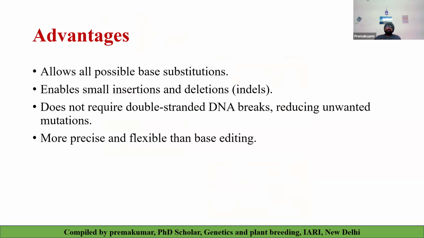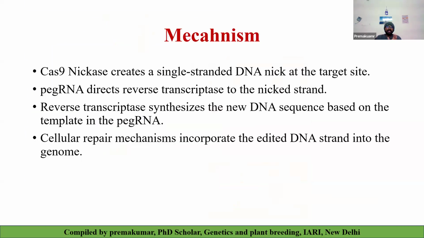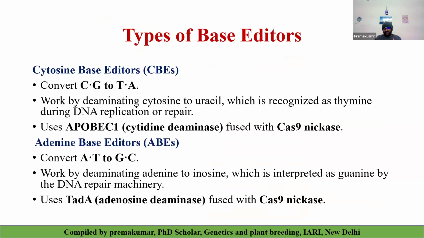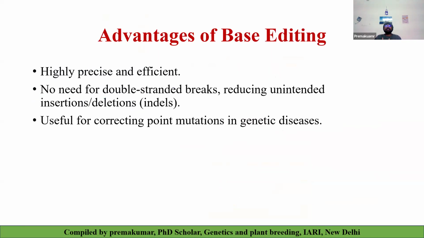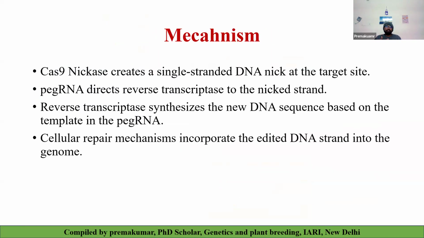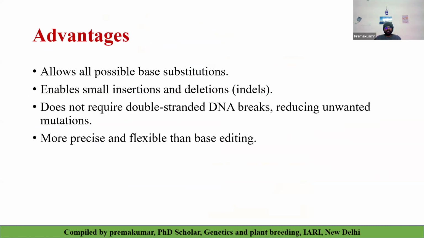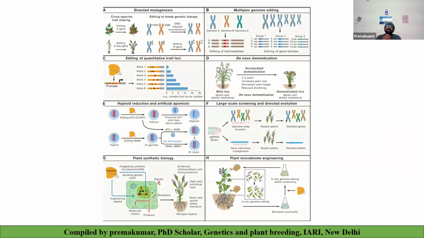But we can edit multiple genes at a single time in a single construct: if you introduce multiple guide RNAs in a single construct into a plant, you can edit multiple genes at a time. That is called multiplex genome editing.